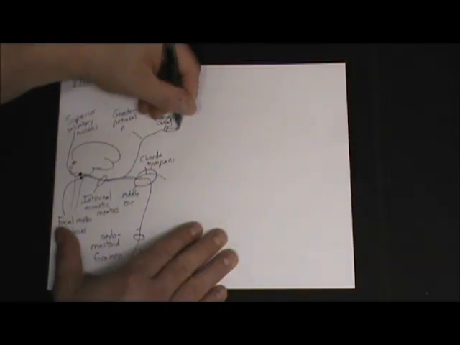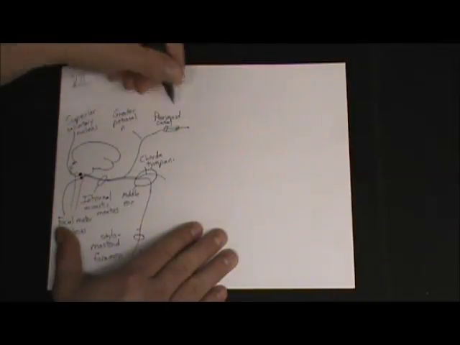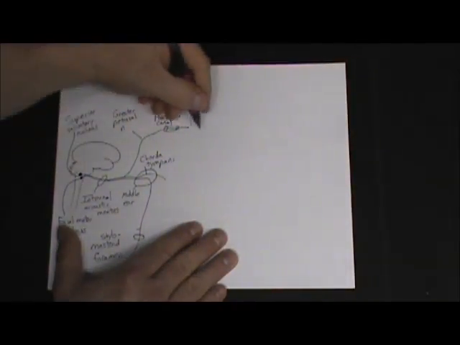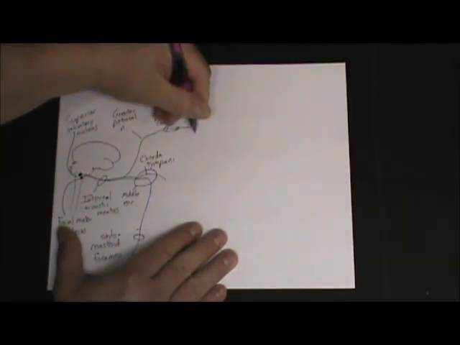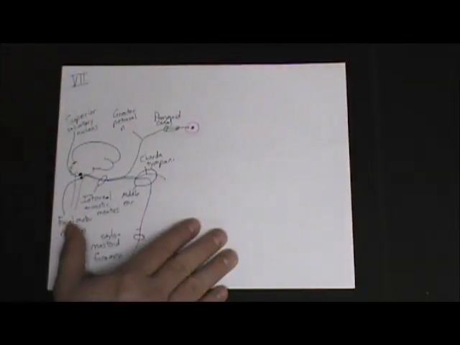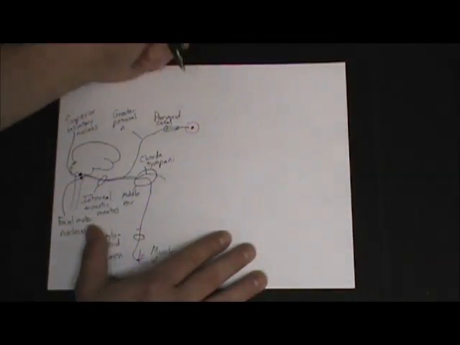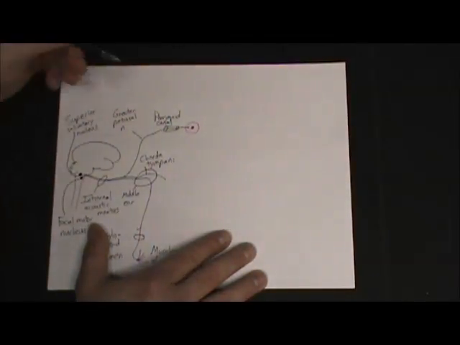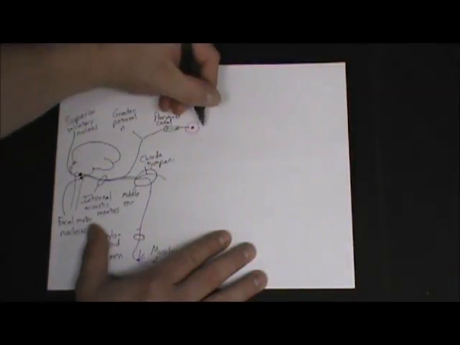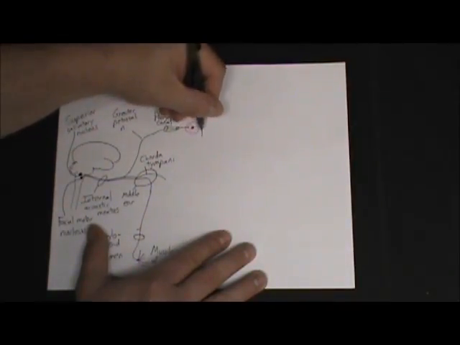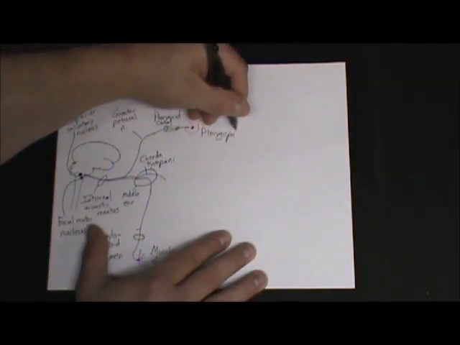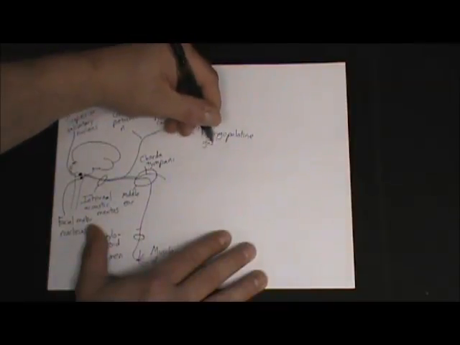And as it passes through the Vidian canal, it winds up very close to its ganglion, where it's going to synapse with those postsynaptic parasympathetics. And as you recall, the greater petrosal nerve and facial nerves, parasympathetics, one of the ganglia it associates with is this one, the pterygopalatine ganglion.